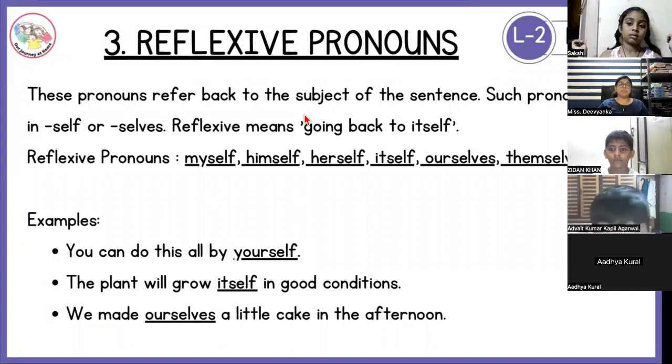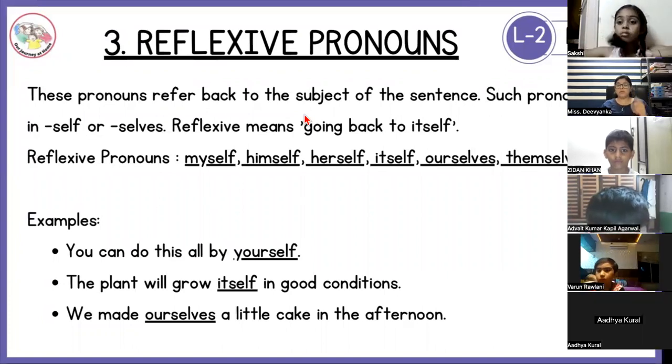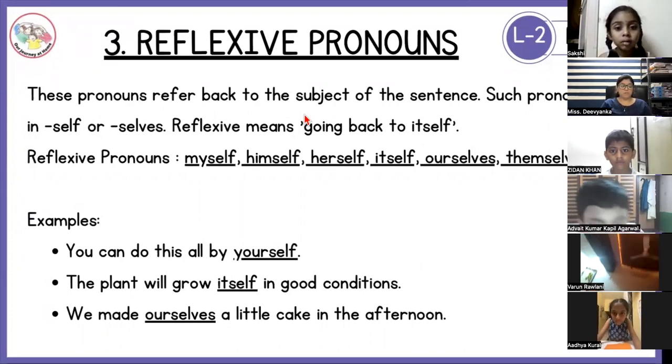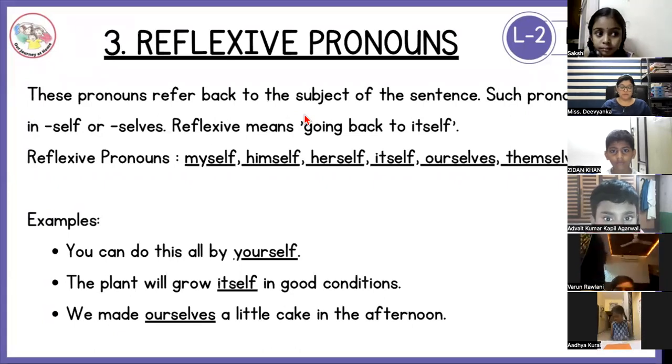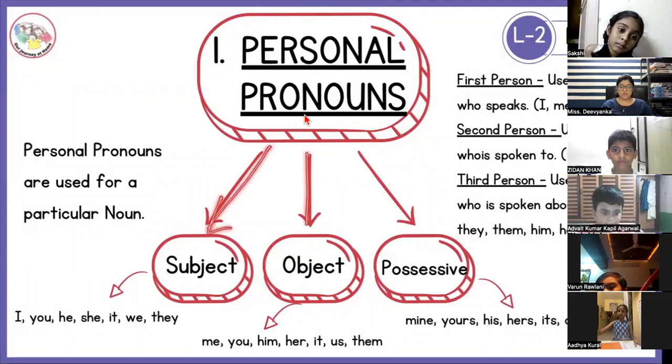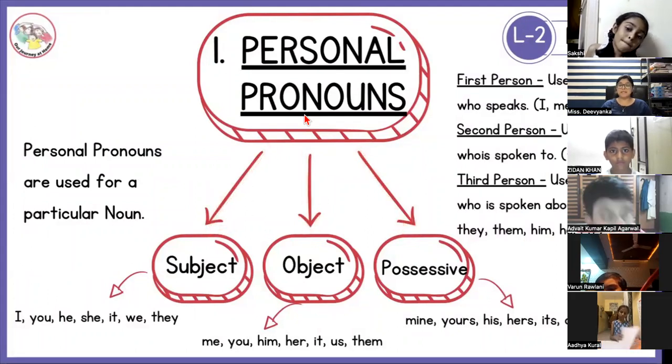All right. Now, as you remember, hopefully, we have done the first three types of pronouns, correct? Shall we go back and see which ones they are? First one was the personal pronouns, in which we had three different types: subject pronoun, object pronoun, and the possessive pronoun, correct?